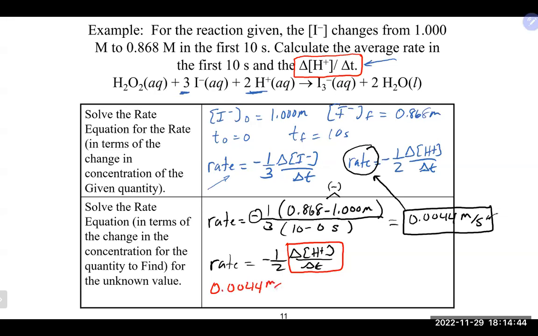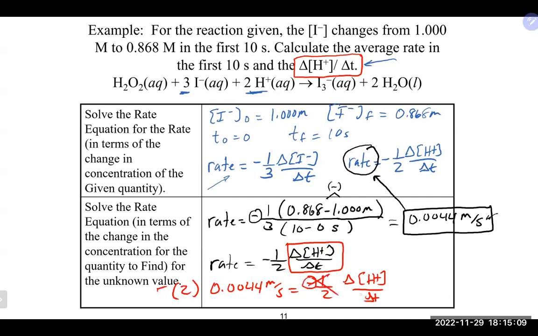0.0044 molar per second would equal -1/2 change in the concentration of H plus over the change in time. That means we need to multiply the 2 to the other side, and that's really taking care of the stoichiometry, basically the 3-to-2 relationship. We're going to multiply the 2 to this side, but not just the 2, also the negative needs to come over to the right as well.